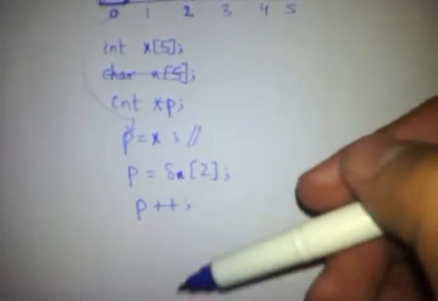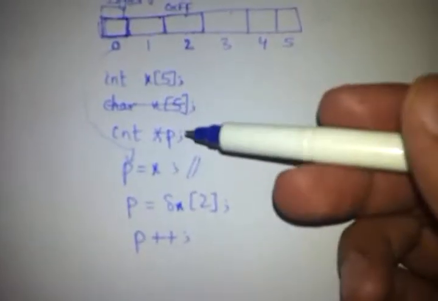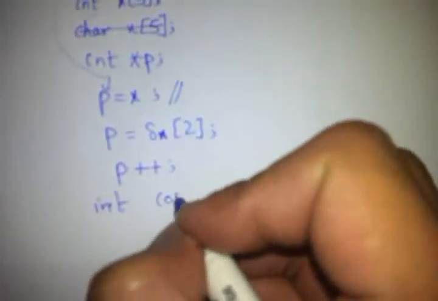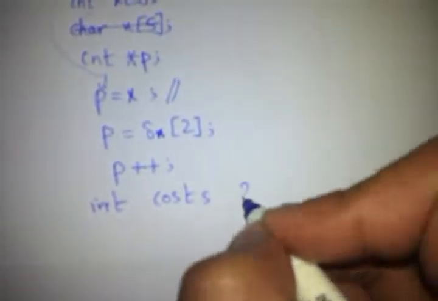But there is one important thing to be discussed here, and that is that the increment actually done in the background depends upon the size of the type of this array. As I've mentioned before, an integer costs 2 bytes.